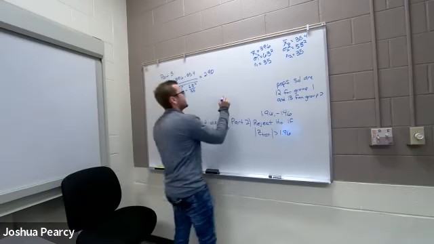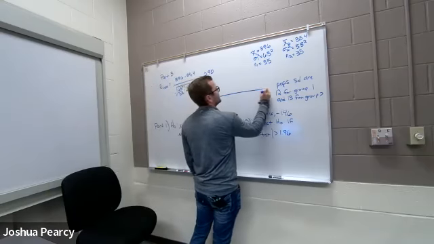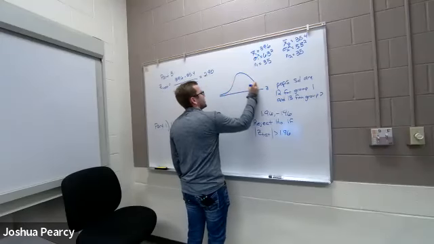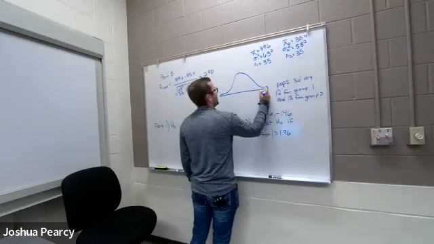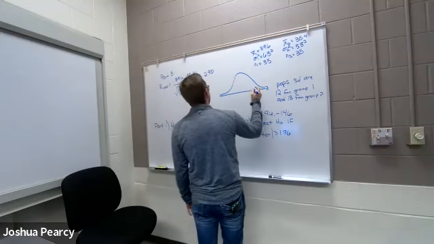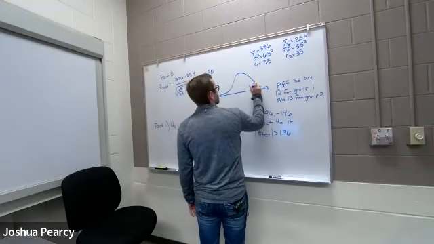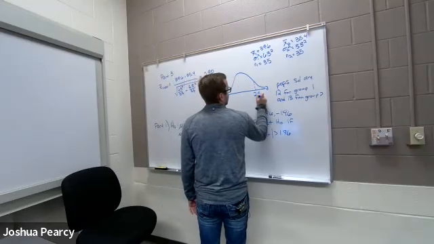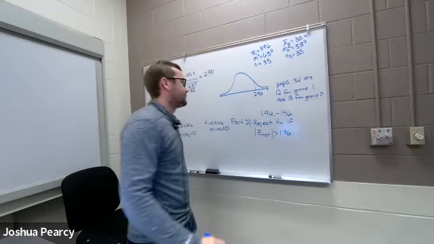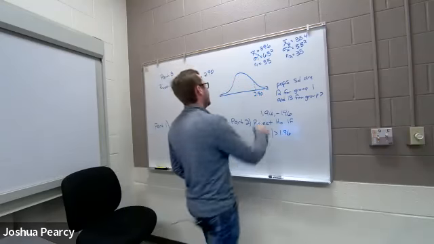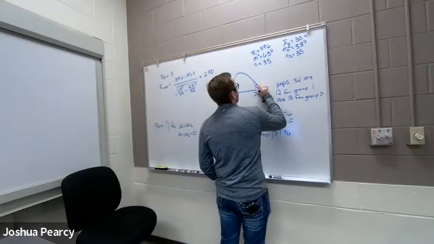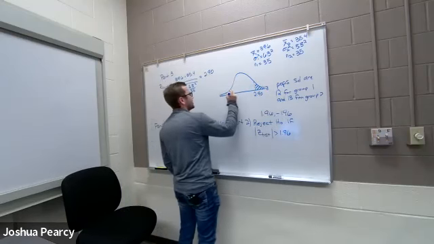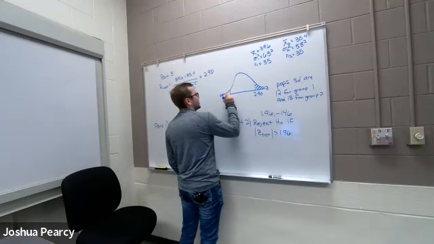Then it says find the p-value. So you have the distribution of your z-scores, and you have a test statistic value of 2.90. Then you want the area to the right of the positive test statistic and the area to the left of the negative test statistic.